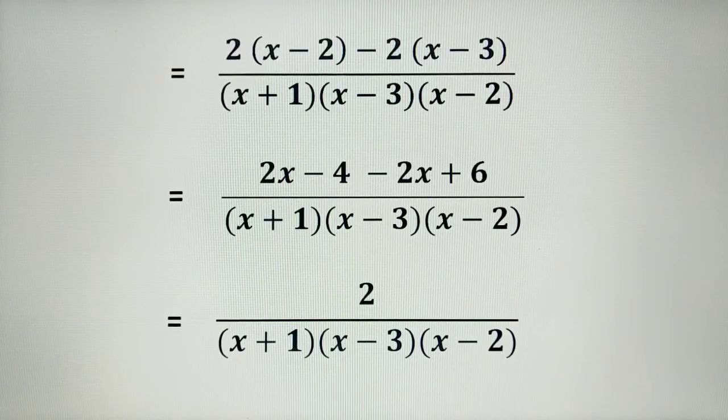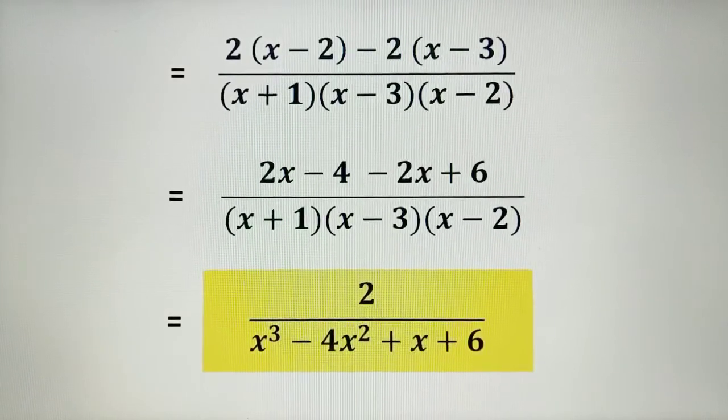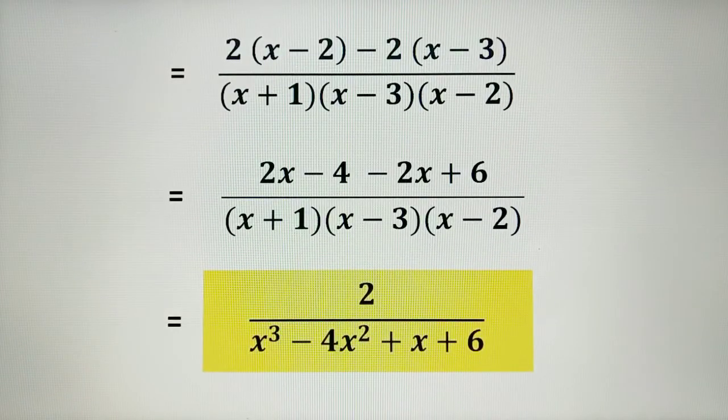Since the numerator and denominator have no common factor, then this is our answer in factored form. Then we will expand the denominator so that we can express our answer in expanded form, and that is 2 over x cubed minus 4x squared plus x plus 6.